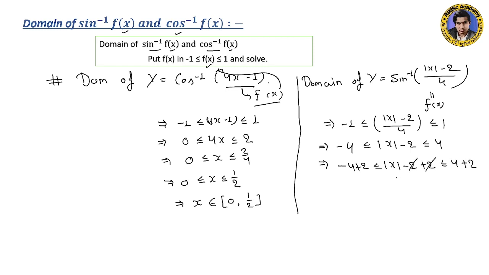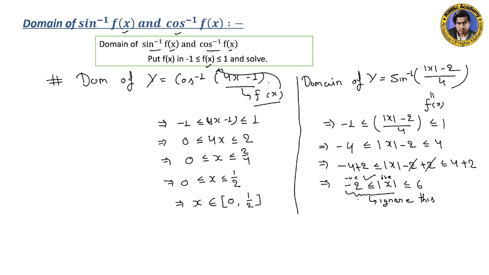So this cancels out and we get -2 less than or equal to mod x less than or equal to 6. Here we ignore this, because this is a negative quantity and mod x is a positive quantity, and we know a negative quantity is always less than a positive quantity.